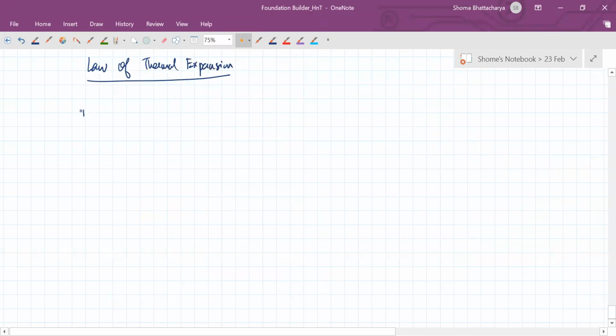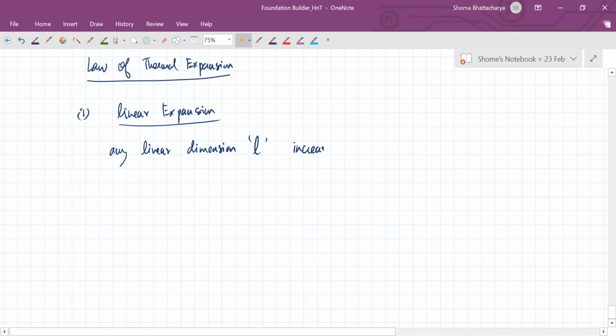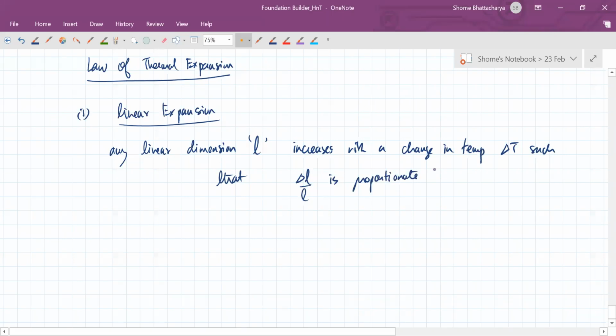And in this set of laws, the first part will be linear expansion. So the principle or the law of linear expansion is that any linear dimension L increases with a change in temperature such that the fractional change in length is proportionate to the change in temperature.